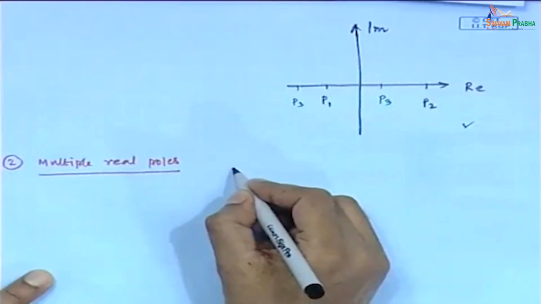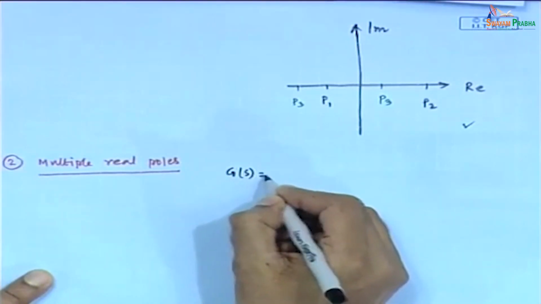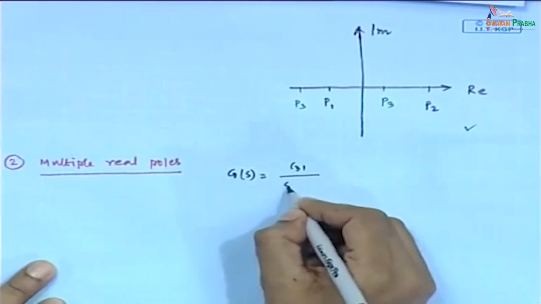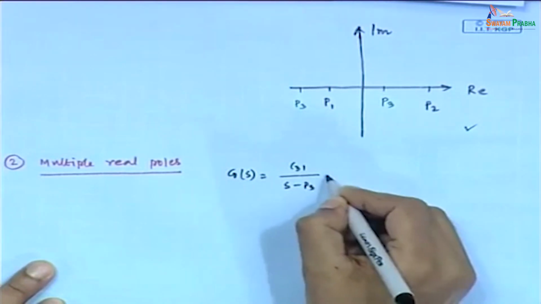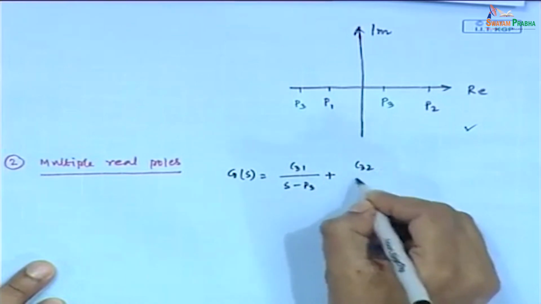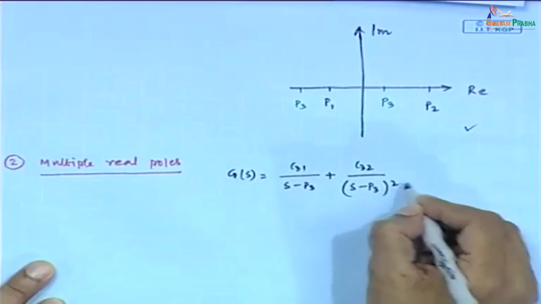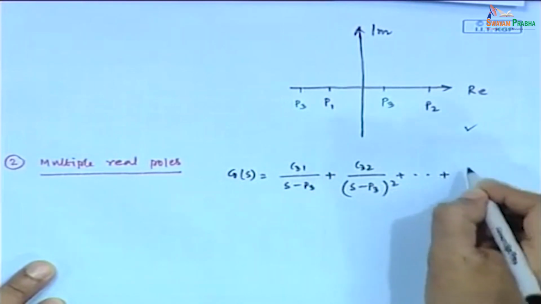For this multiple real pole system we will consider the transfer function represented by C31 by (s minus P3), C32 by (s minus P3) whole square, like this.